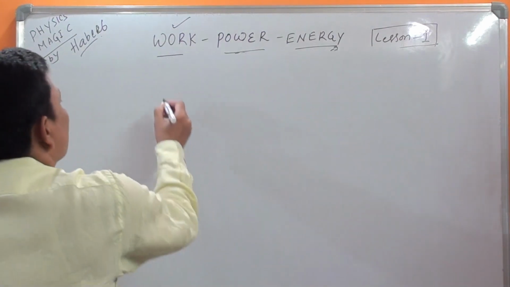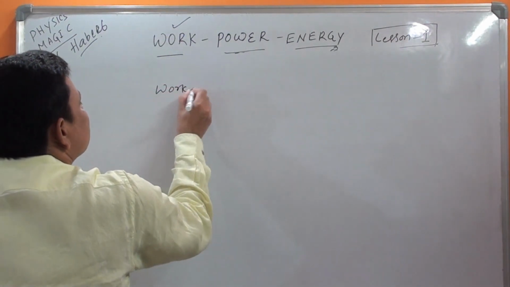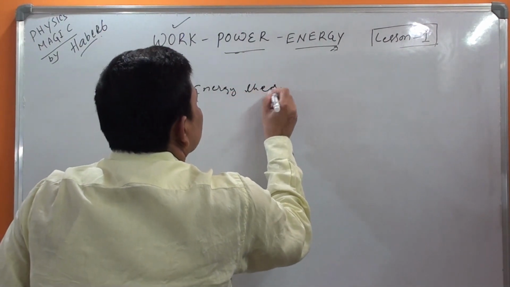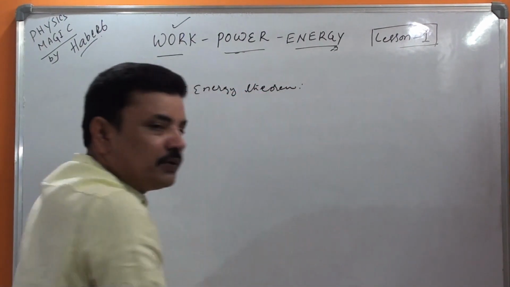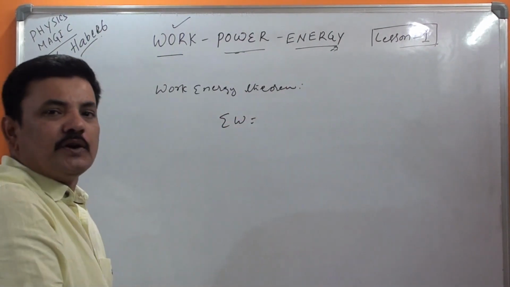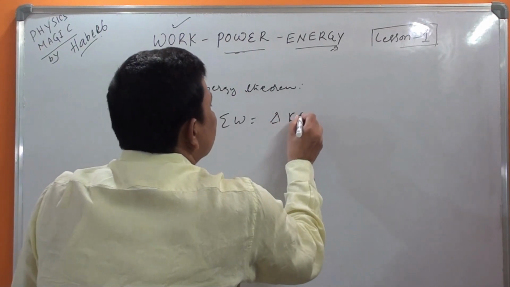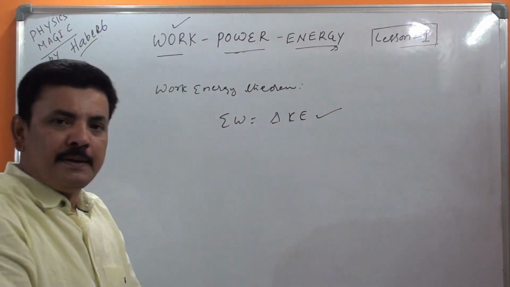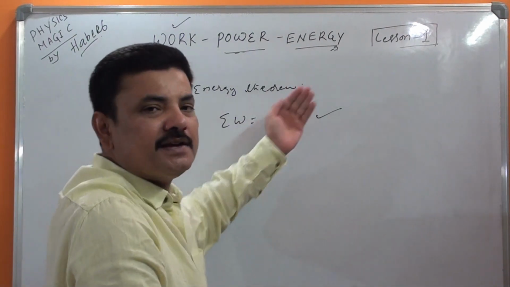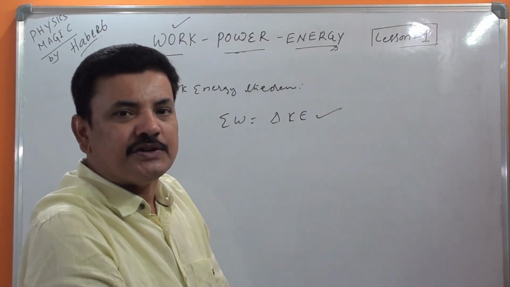You know well what this work energy theorem states: the total work done is equal to the change in kinetic energy, meaning final kinetic energy minus initial kinetic energy.